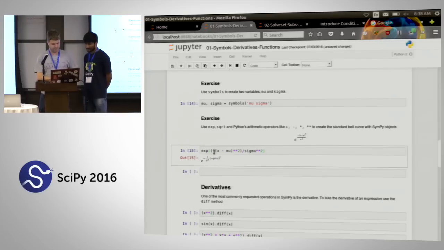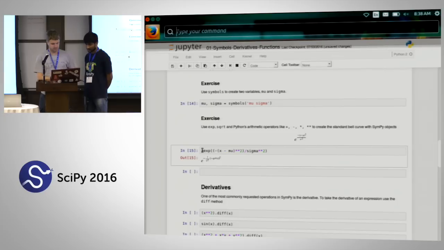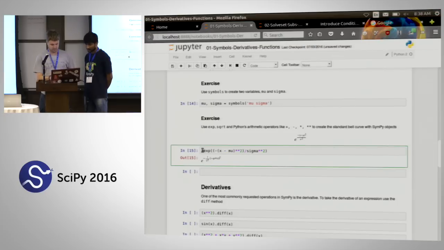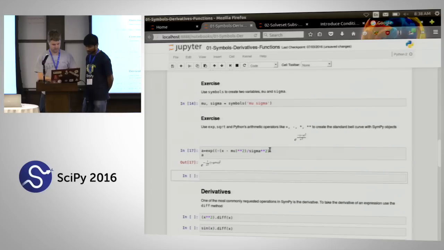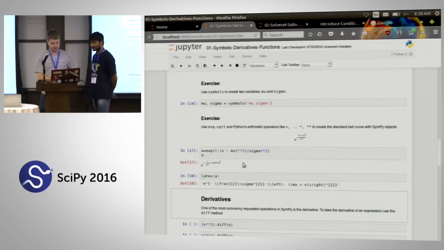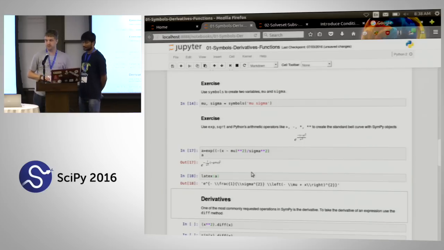There are two things. First, let me assign this to a variable. Oh, I should put it at the end. There's a function called latex that returns a string of the LaTeX representation.